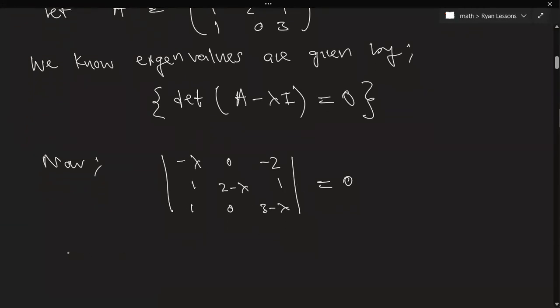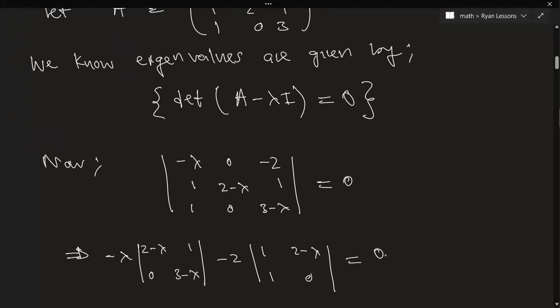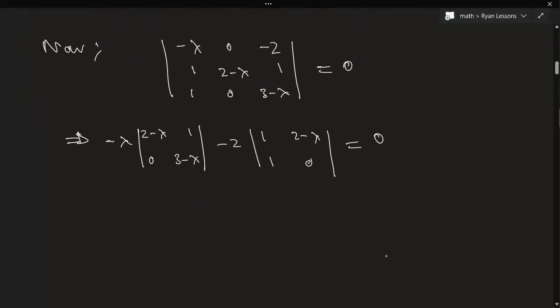Since it represents a determinant, we know how to evaluate it. It's going to be negative lambda times the determinant of 2 minus lambda, 1, 0, 3 minus lambda. Then the 0 term will vanish, so we have negative 2 times the determinant of 1, 2 minus lambda, 1, 0, equal to 0.